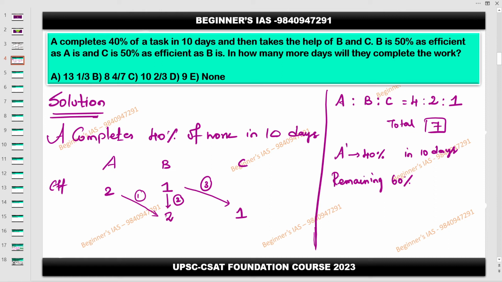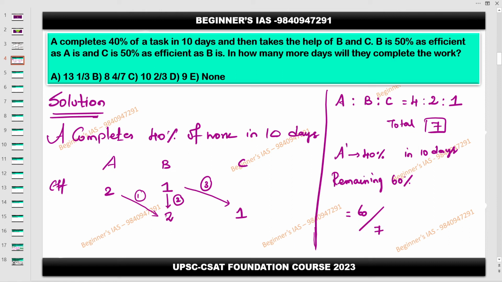So here I will tell you directly. The remaining 60%, right? Therefore 60 by... what is the total here? 7. Simple. You can do it in this way. That is better. 60 by 7.